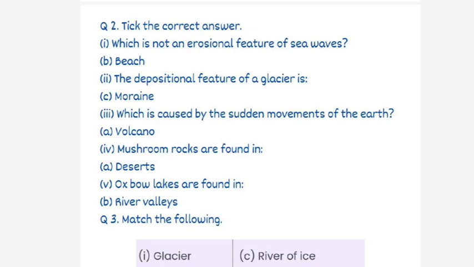Sub-question 4. Mushroom rocks are found in. Answer is option A, deserts.